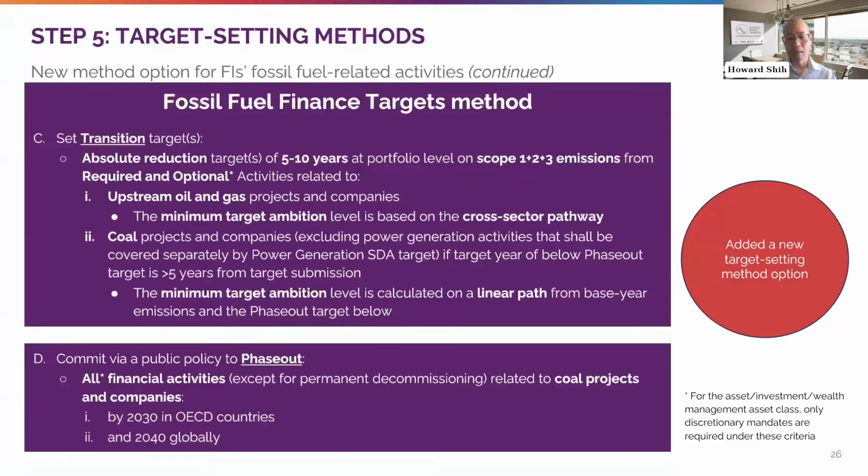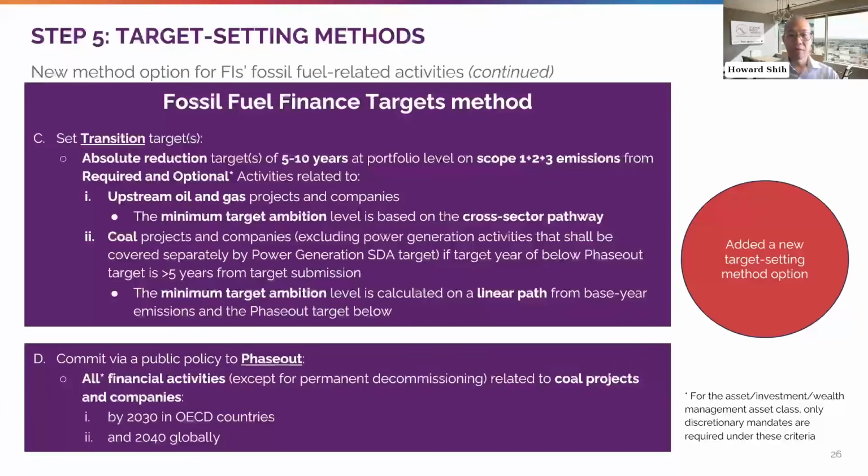So that's the same as with scope 1 and 2 targets that we mentioned towards the beginning, and that's the 4.2% linear annual reduction. And then FIs will also need to set a transition target on coal projects and companies if their phase-out target, which is the next group of criteria, is over 5 years from target submission.